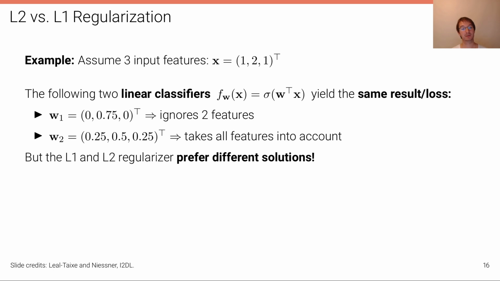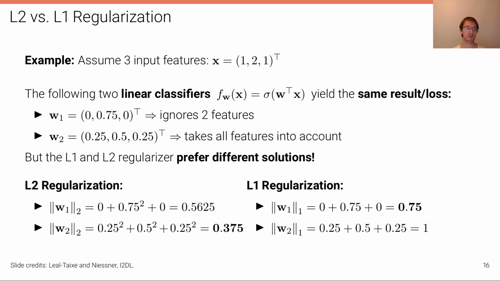But now, the L1 and the L2 regularizer prefer each of these solutions very differently. So let's look at the L2 regularizer first. So the L2 regularizer of W1 is, well, taking each element, computing the square, and then summing them up. So it's basically 0.75 squared, which is 0.56.